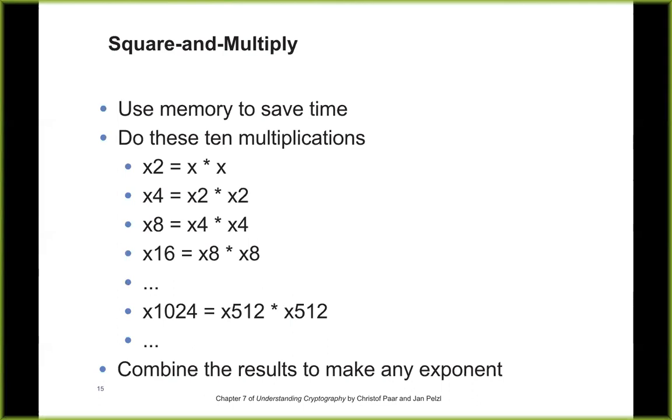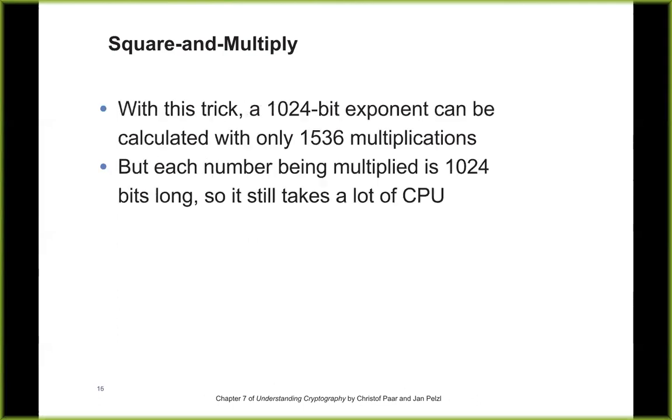This is if you have a 1 in the 1024, next one if you have 512, 256, and so on. So this way, you don't have to do a ridiculous number of multiplications to get to the end. In fact, it turns out that you have to do at most 1,536 multiplications to get any number this way, because you just square and square and square, and then save those and then multiply them.